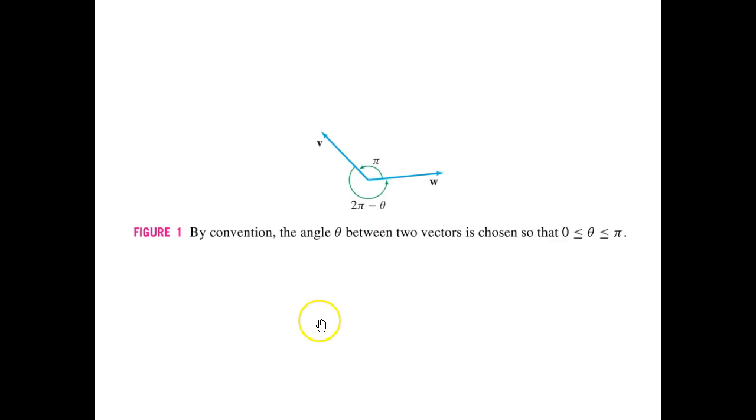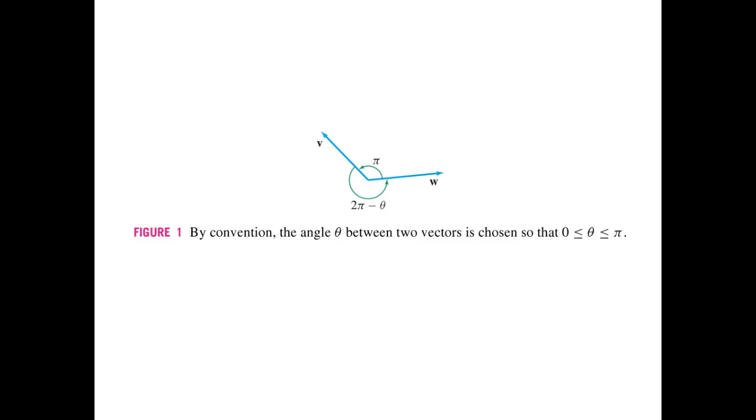All right, by convention, the angle between any two vectors is chosen such that when we refer to it, they've got this wrong. Okay, sorry about this. They have it right in your text, but wrong on the slide here. The angle theta between two vectors is chosen such that theta is always between 0 and pi.